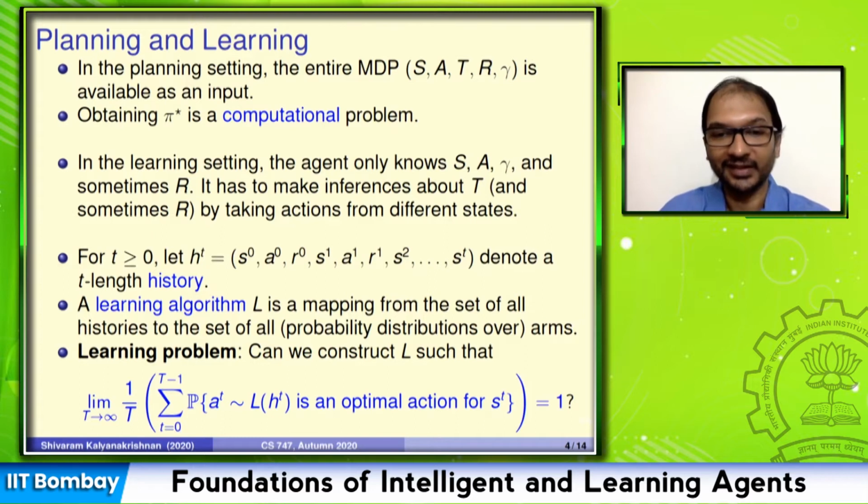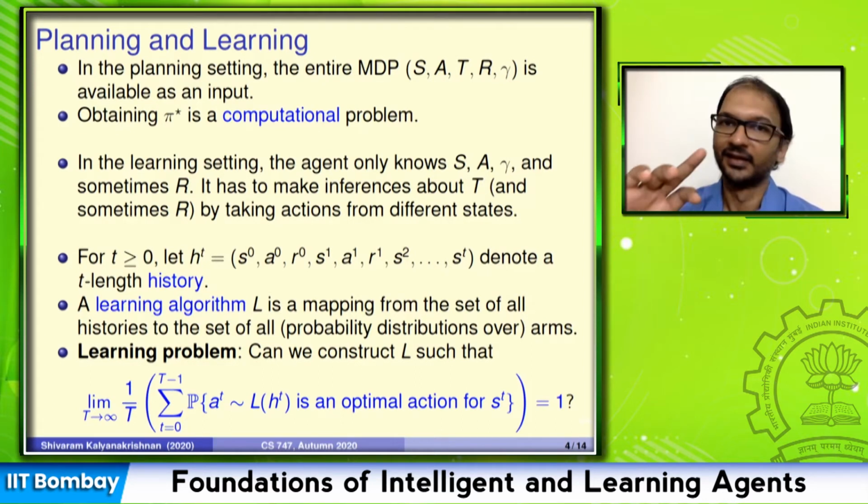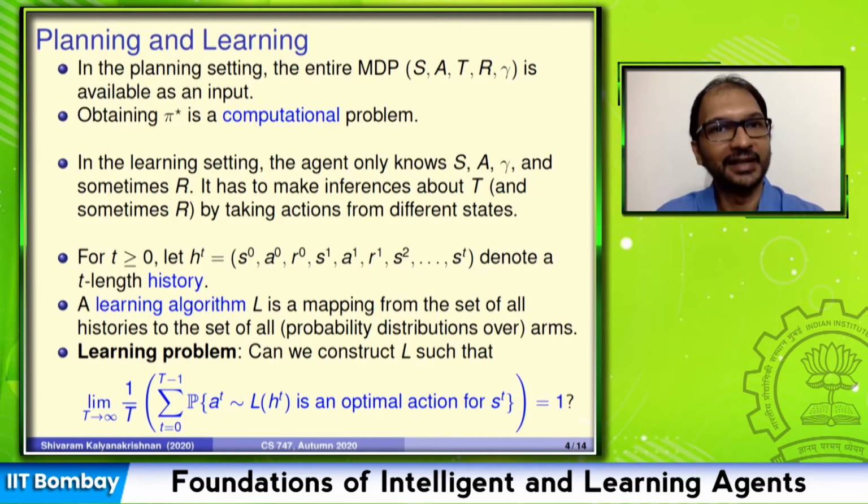Let's rephrase this in terms that you are familiar with. If you sum over the entire horizon the probability that you're taking an optimal action, this is the same as the expected number of optimal actions that you will take through that same horizon. So will the expected number of optimal actions you take as a fraction go to 1? Or the other way around, will the expected number of non-optimal actions as a fraction go to 0?